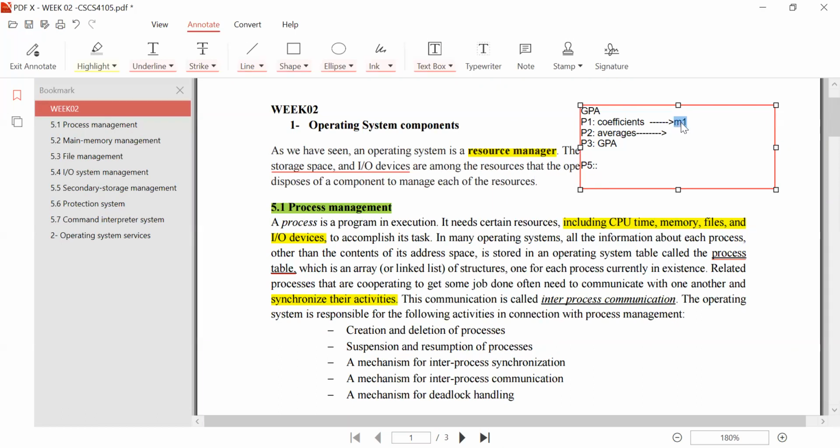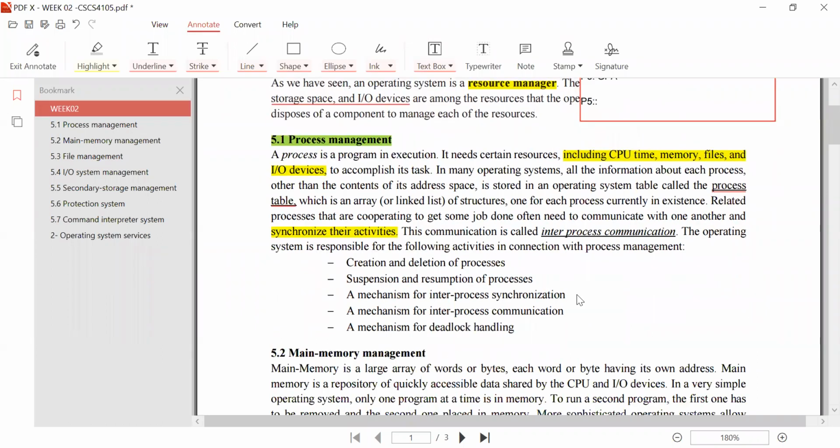If it writes content there and process two comes and reads, thinking that it is from process one, you see the kind of results that you will have. So the operating system is able to control this, ensure that inter-process communication flows well, and also the synchronization of the activities of the processes.